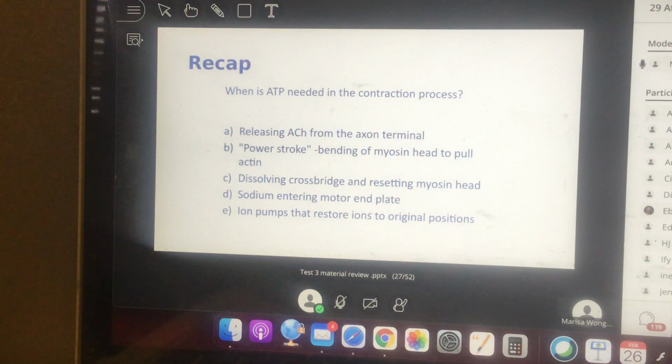Another multiple answer one. When is ATP needed during the contraction process? There are three answers here.